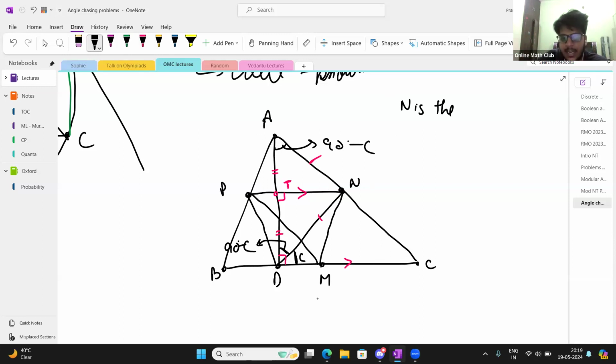So N is the circumcenter of this triangle ADC. So you can just directly get it from there. That this is C, so this is C. And so you need to prove that this angle is C. But this angle is B because parallel, and this angle is A because these two lines are parallel. So this angle is C. So you get that this is cyclic, or you can just directly finish it with the 9-point circle.